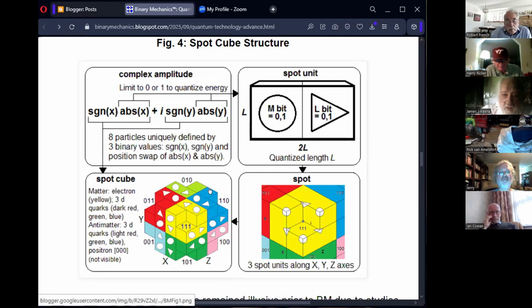So how did I home in on this value for L? Scattering data from way back in the 20th century showed that the proton had a radius of about 1.2 or 1.3 femtometers.